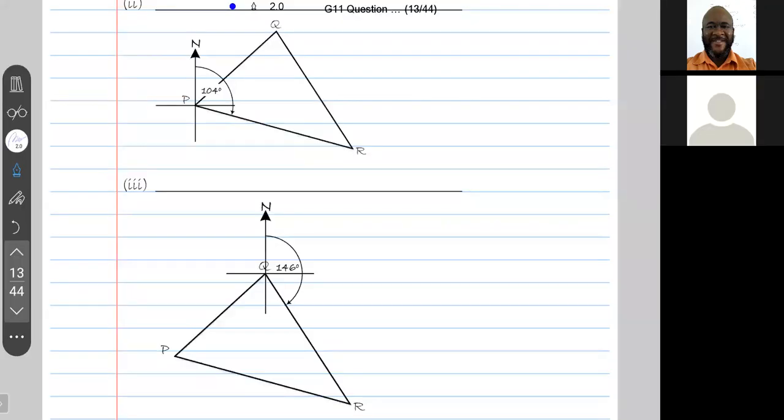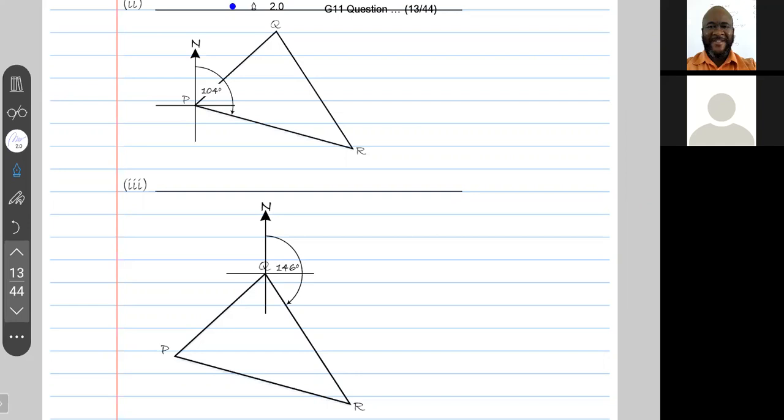All right, in II, the arc from north comes around and stops at the line connecting P and R. So I know the bearing here, the 104 degrees, must involve P and R. Why?